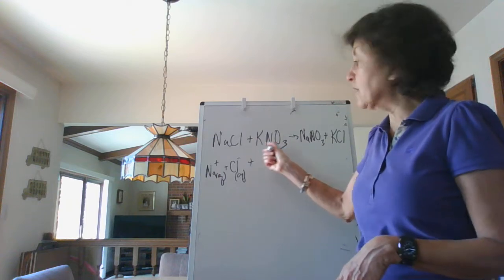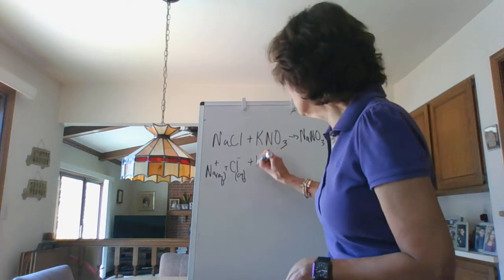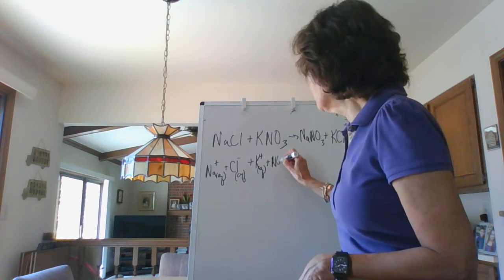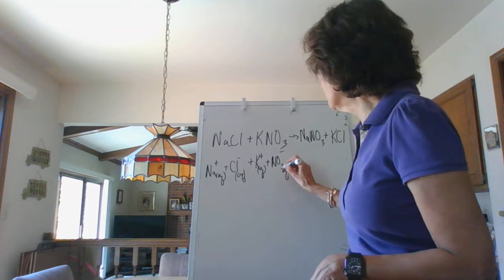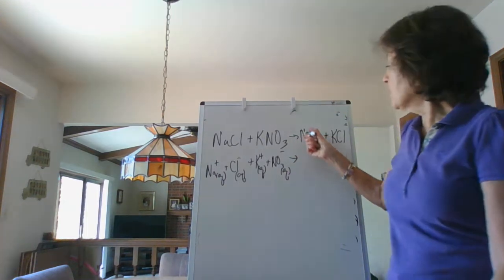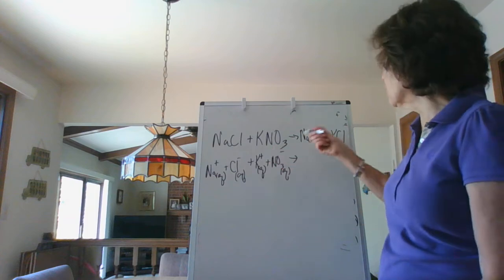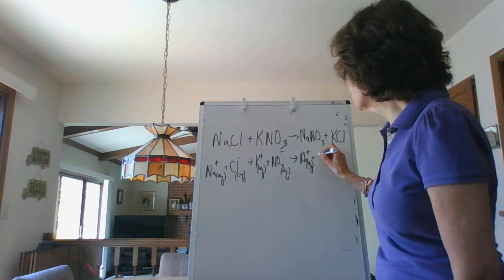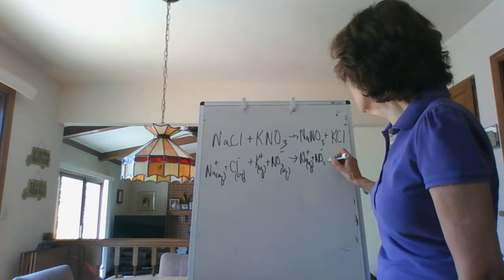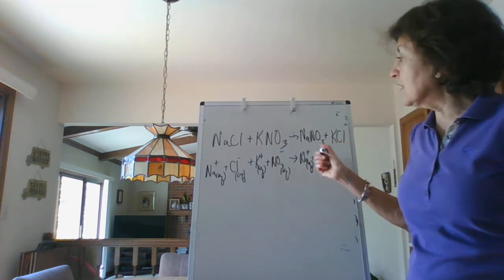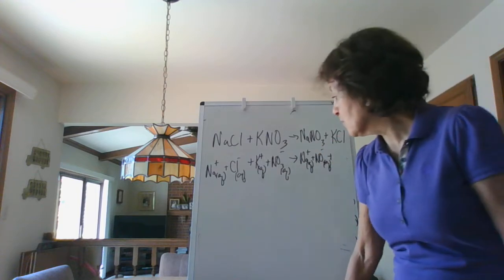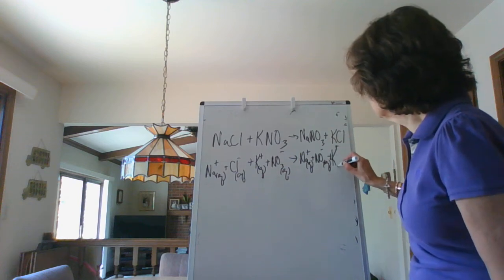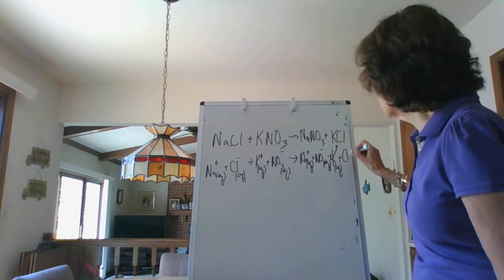Potassium nitrate has group 1A and nitrate, so definitely soluble salt, strong electrolyte: K plus aqueous plus NO3 minus aqueous. NaNO3, same scenario, nitrate soluble, sodium soluble, so Na plus aqueous plus NO3 minus aqueous. And then finally KCl, potassium, group 1A, yes, soluble, so K plus aqueous plus Cl minus aqueous.